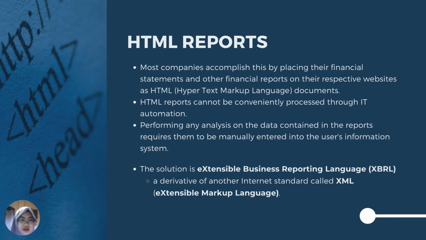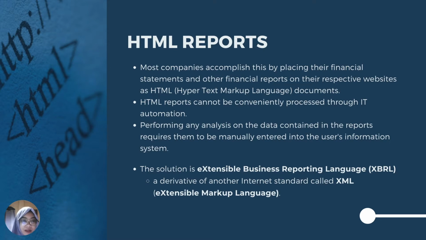Most companies accomplish this by placing their financial statements and other financial reports on their respective websites as hypertext markup language or HTML documents. These documents can be downloaded by users such as the SEC, financial analysts, and other interested parties.